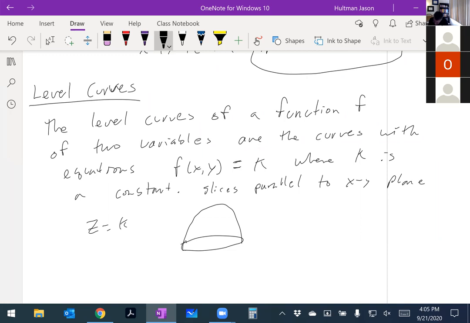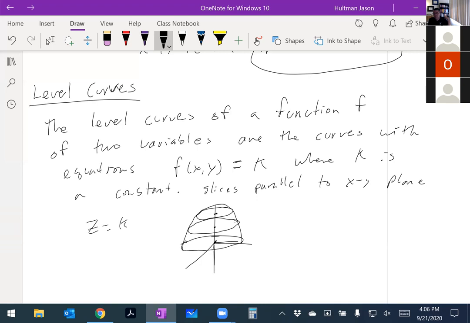Well, for any z value, positive or negative, I would have a level curve at that z value. So in the case of a sphere, these level curves would all be circles.